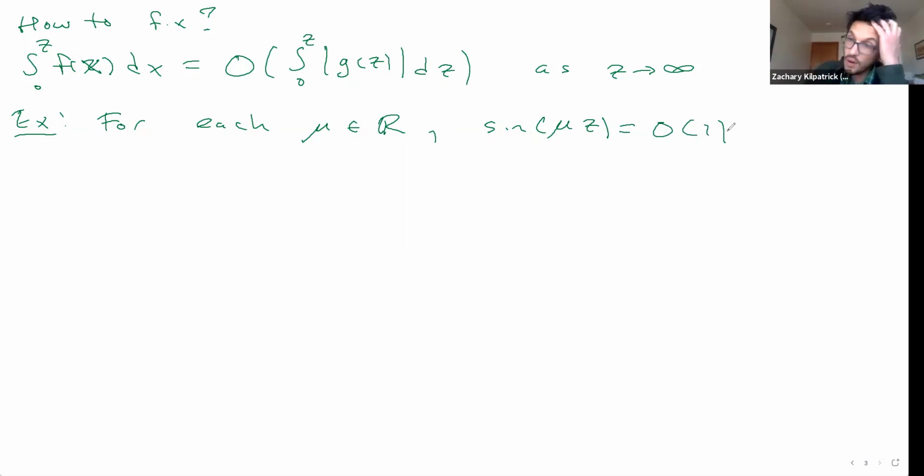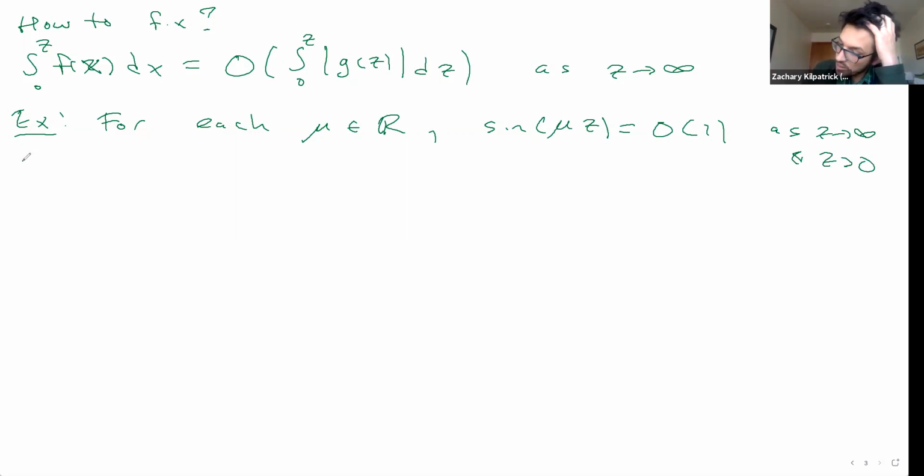Why? Because the amplitude of this never gets bigger than 1, as z goes to infinity, and z is greater than 0.